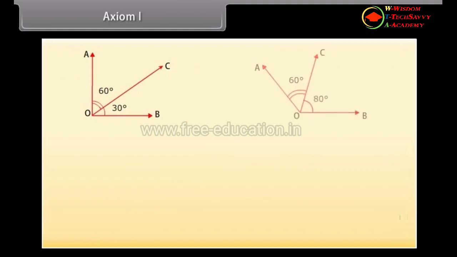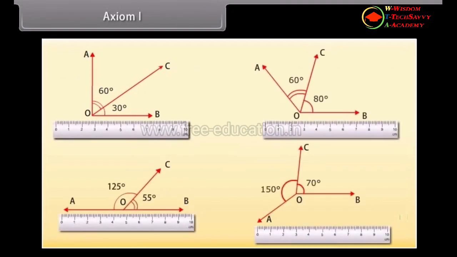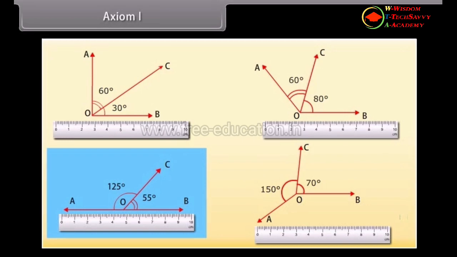Draw adjacent angles of different measures. Keep the ruler along one of the non-common arms in each case. You will find that only in this figure, both the non-common arms lie along the ruler, that is, points A, O and B lie on the same line and ray OC stands on it.